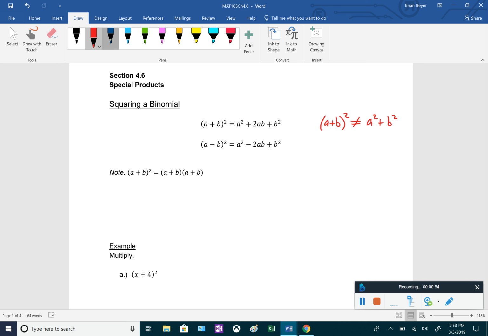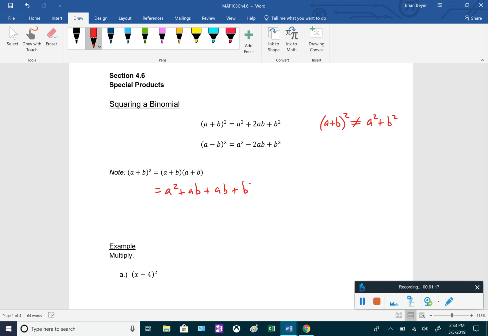I do recommend that you memorize this shortcut. If you don't memorize it though, just keep in mind that a plus b squared equals a plus b times a plus b. When you FOIL that out, you get a squared plus ab plus ab plus b squared.